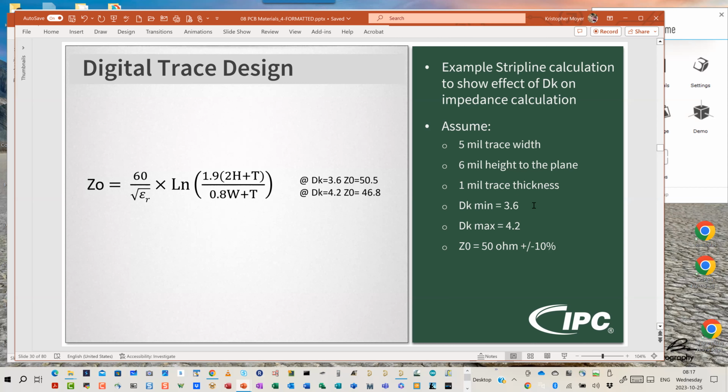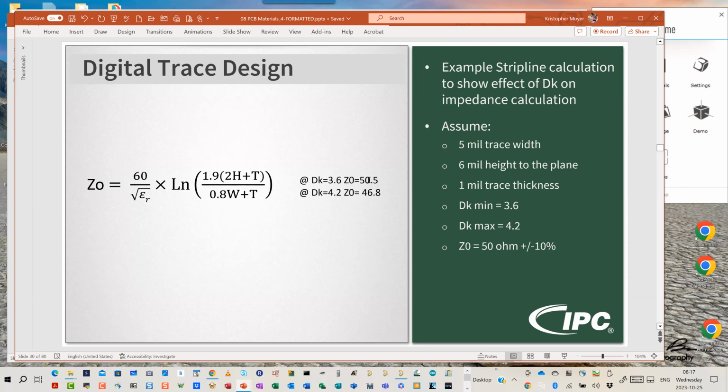If my target characteristic impedance that I'm trying to target is 50 ohms plus or minus 10%. So with these parameters here, at 5 mils, 6 mil height, etc., the material with 3.6 dielectric constant gives me a calculated nominal characteristic impedance of 50.5.